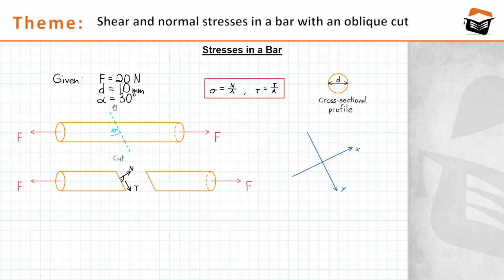So by definition, in these situations, alpha is the angle towards the vertical. And our goal is to calculate the normal stress and the shear stress. And to do so, we're gonna again rely on the equilibrium conditions.